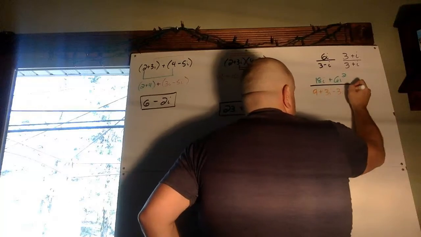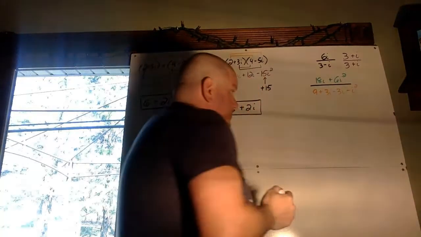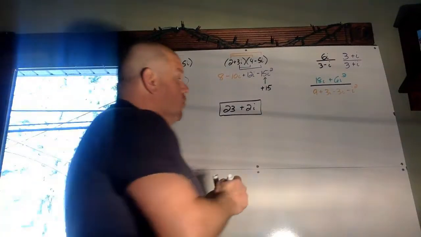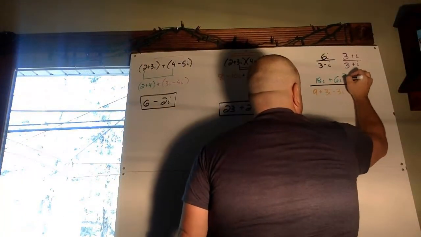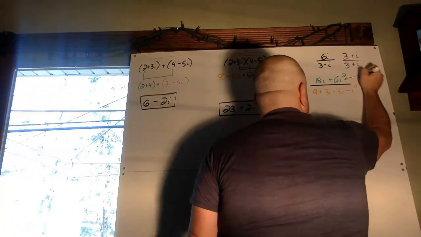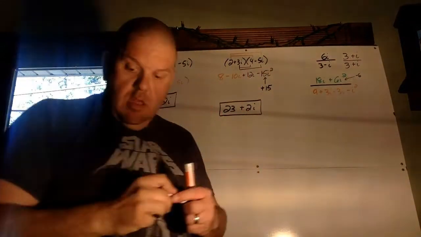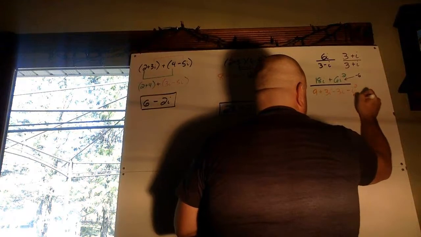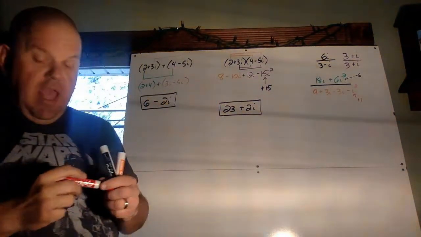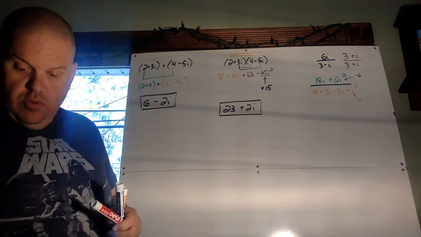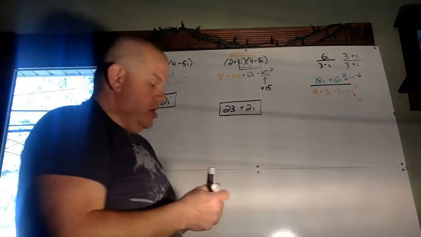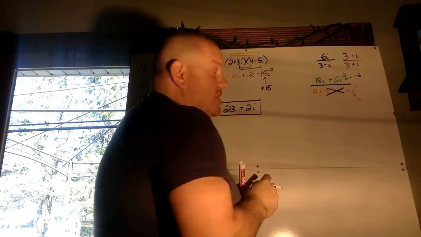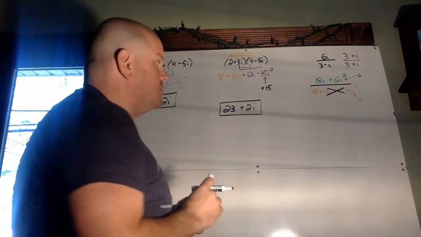Negative i times positive i is negative i squared. Okay? So remembering that i squared is negative 1, this one here is negative 6. This one here is positive 1. And these two cancel each other out, because positive 3i minus 3i is just 0.